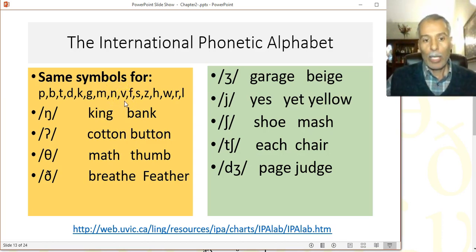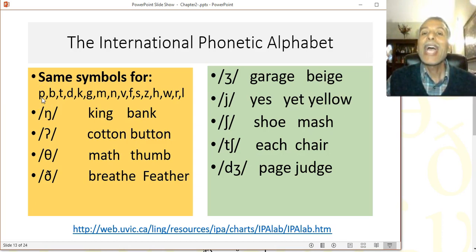So the symbols that we use to describe consonant phonemes, several of these, we use exactly the same English letters to symbolize, to refer to them. As in P is the same.